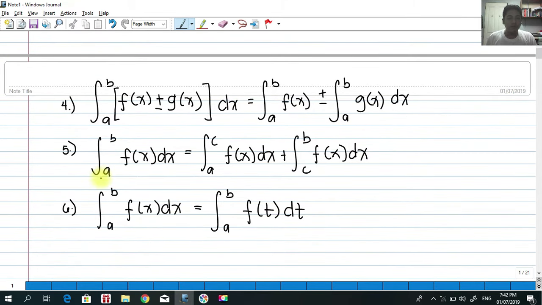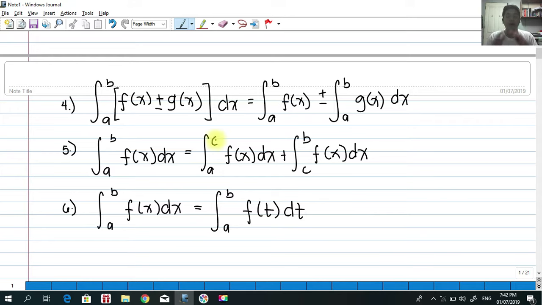For the fifth property, we evaluate the integral of f of x dx from a to b, and that is equivalent to the integral of f of x dx from a to c plus the integral of f of x dx from c to b. The c here can be any number. Of course, in most cases this c is in between a and b, but that is not always the case.